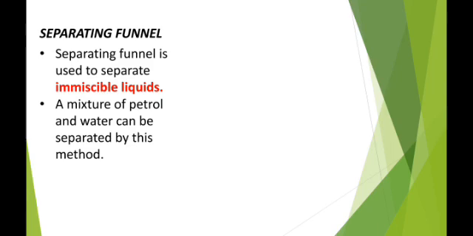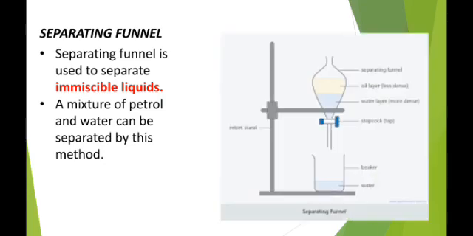Petrol and water do not mix together to form a single layer. The reason is because they are non-polar and polar solvents respectively. Instead, they separate out into two distinct layers when they are added together.